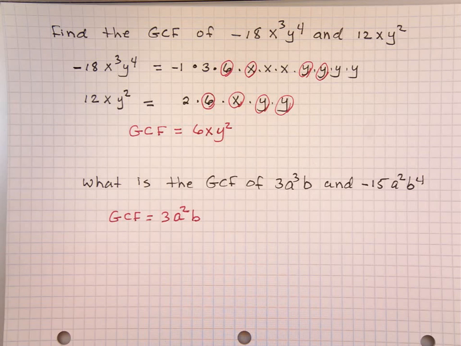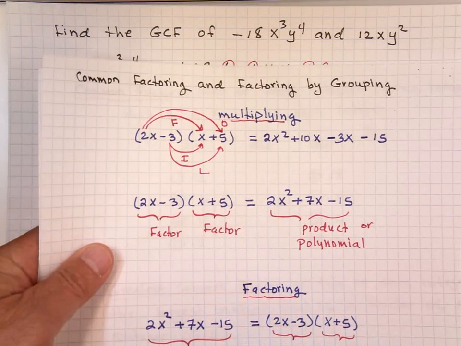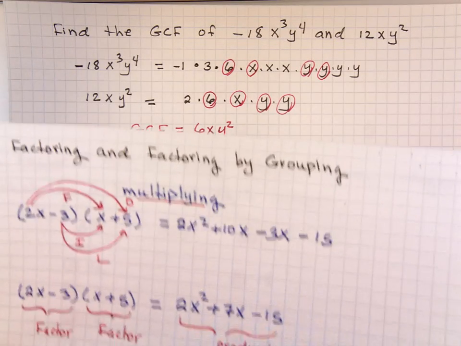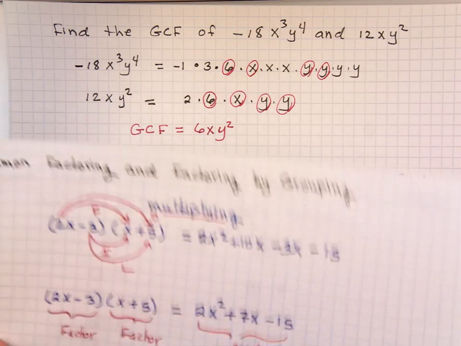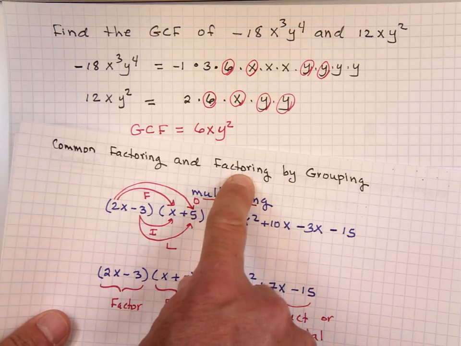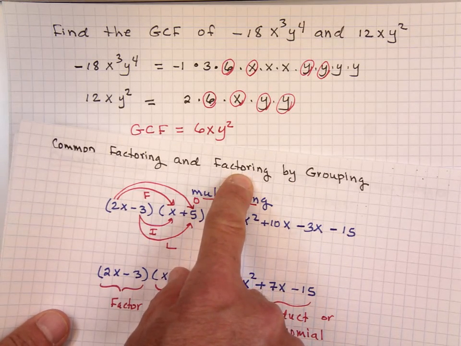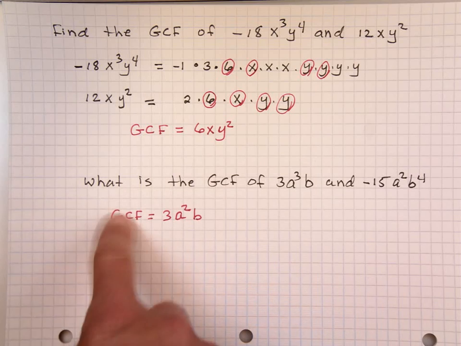Now, I started the topic by talking about common factor. So we finished talking about common factor, except how do you factor that? We didn't talk about factoring yet. We just found out the largest thing, the greatest common factor. But how do we factor it out?